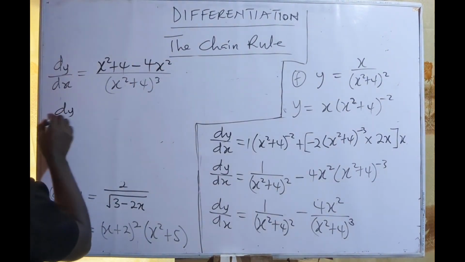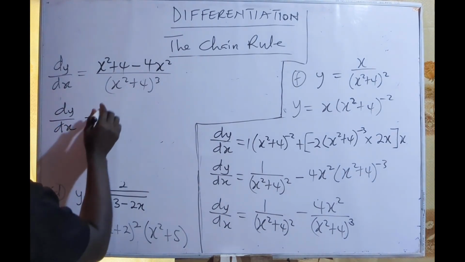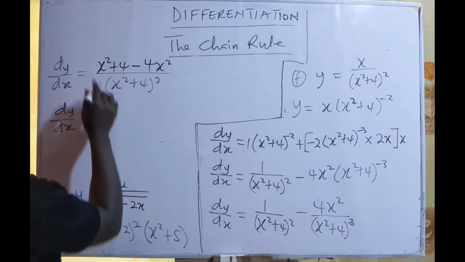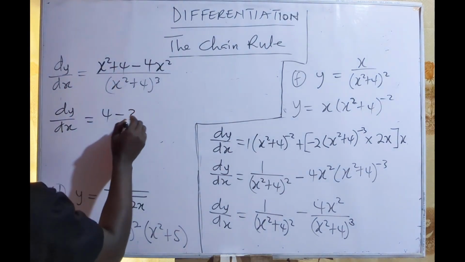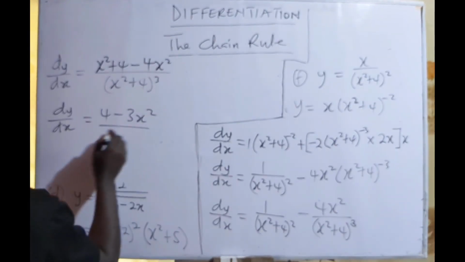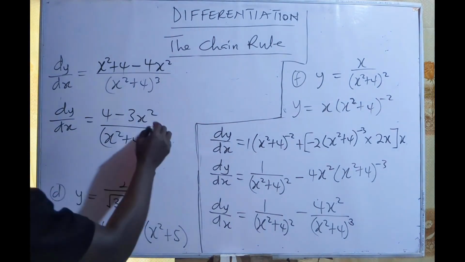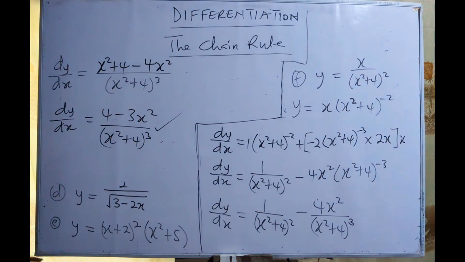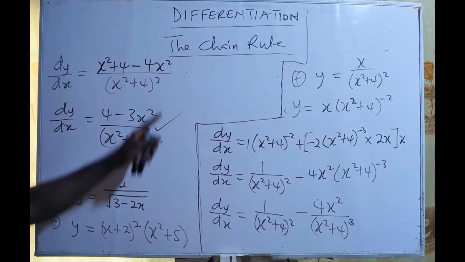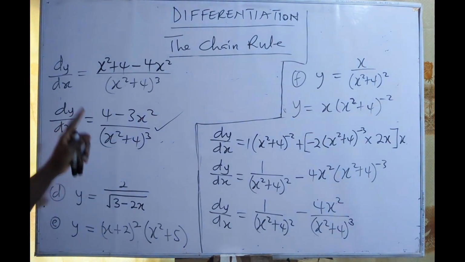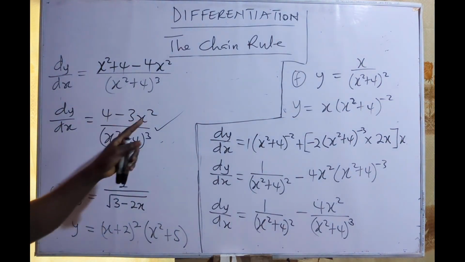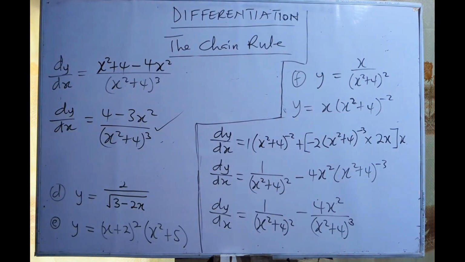So dy on dx equals 4 plus x squared minus 4x squared, which is 4 minus 3x squared, all over (x squared plus 4) all cubed. So this can be my answer.